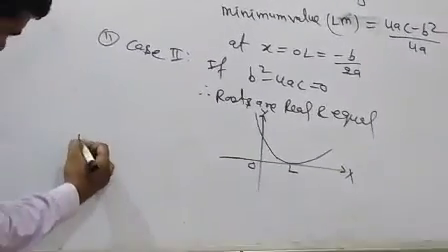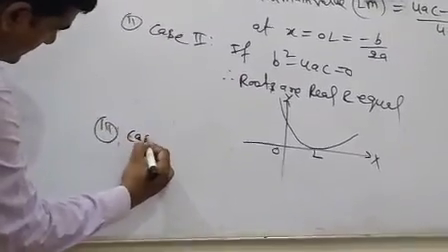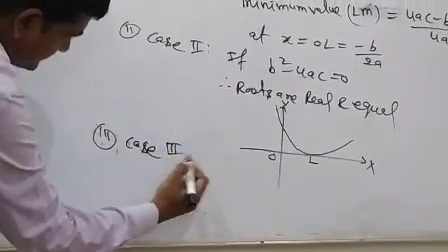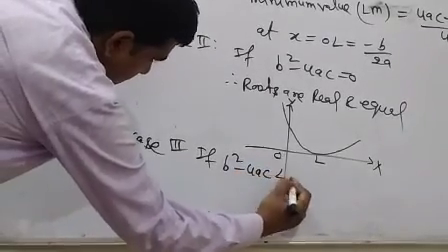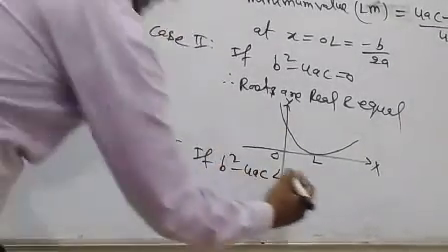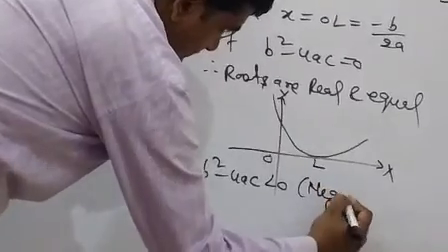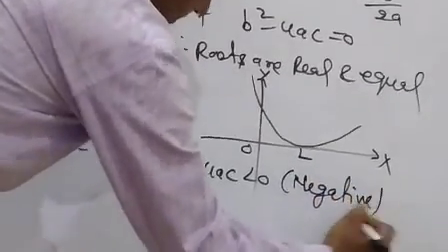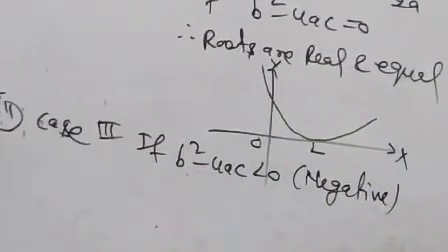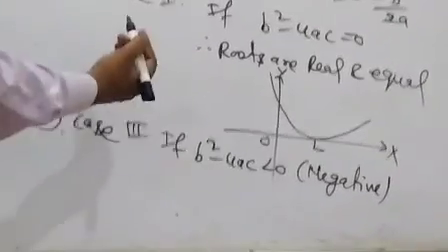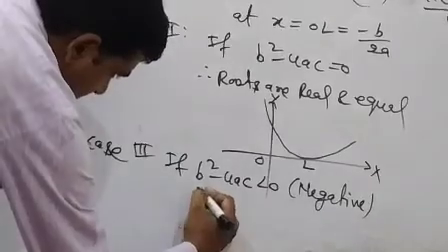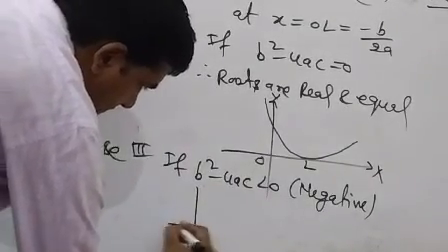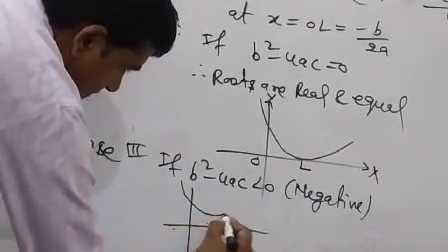Good. Third means case 3. If b square minus 4ac is less than 0, it means what? Negative. Clear? Negative sign here. Then how can we draw the diagram here? Very simple, like this.